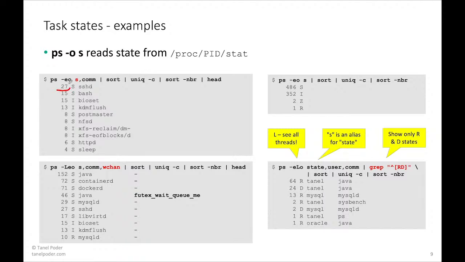You see, we have 27 processes in this case who happen to be in sleep state by this program, sshd. And this is like an order by, show me the biggest number of processes first, and this is like limit 10. It's like SQL.